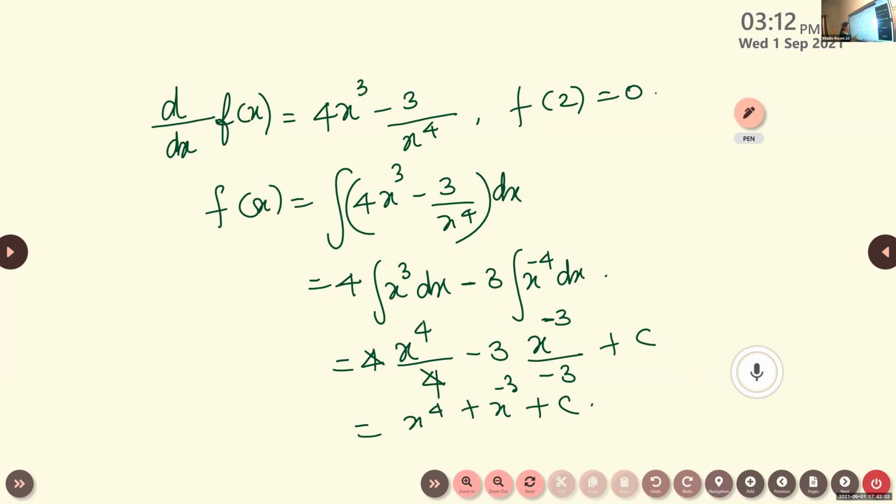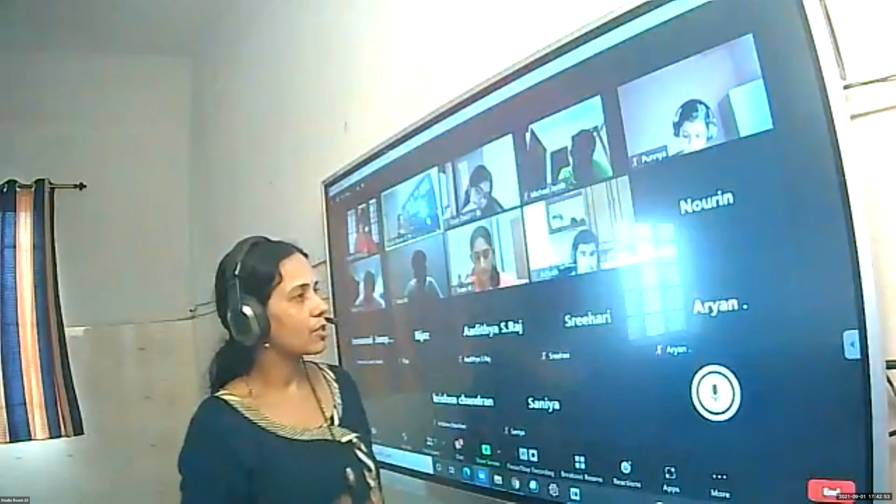This is f of x. But here one more condition is given. What is the condition given? f of 2 is 0. That means when x is 2, f of x is 0. Why is this condition given here?